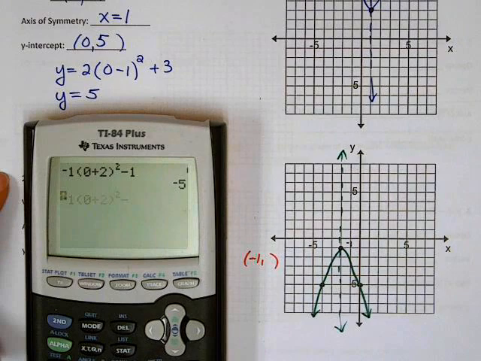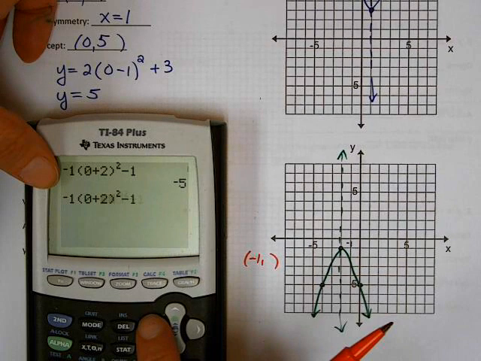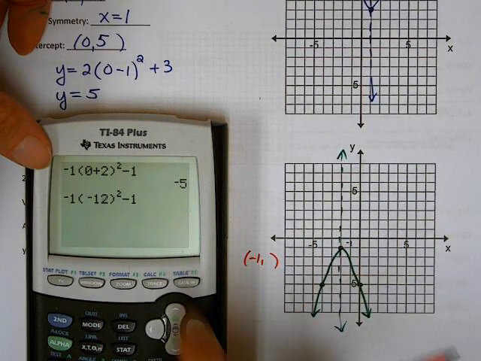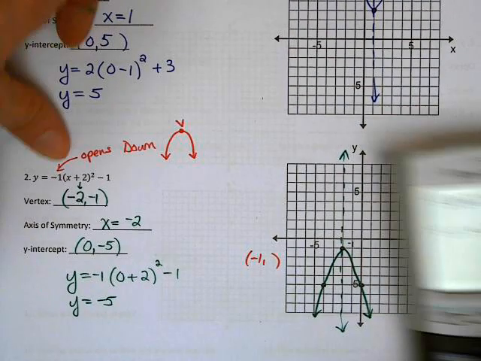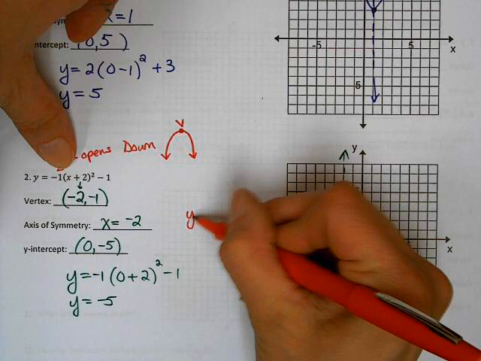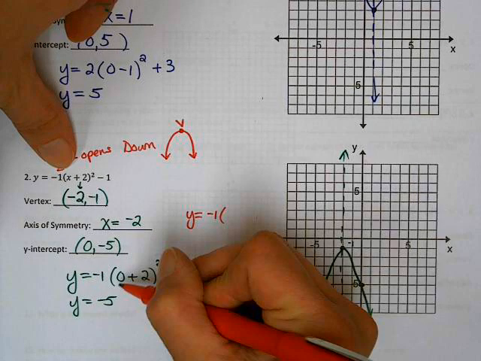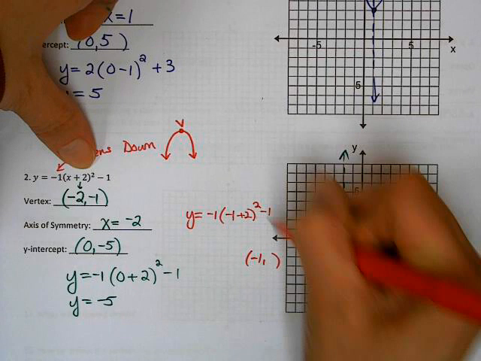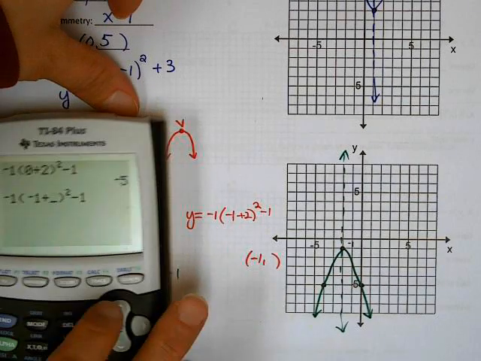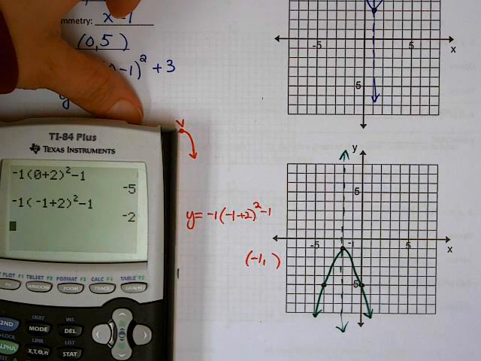So I'm just going to hit second enter. I'm taking right here y equals, and instead of plugging in 0, I'm plugging in -1 to see what the y number is. And the y number is -2.